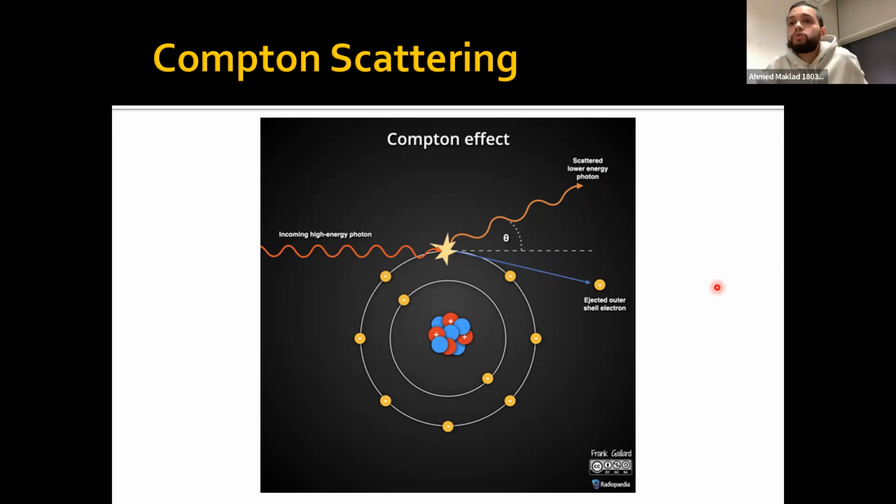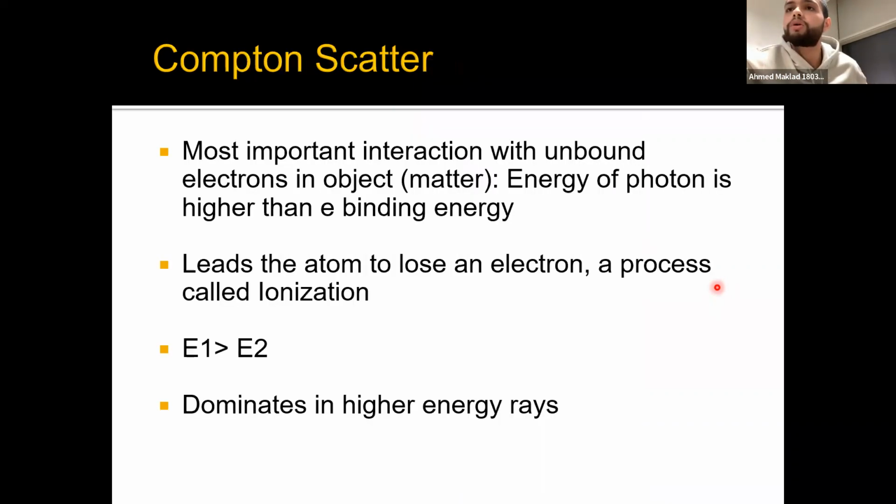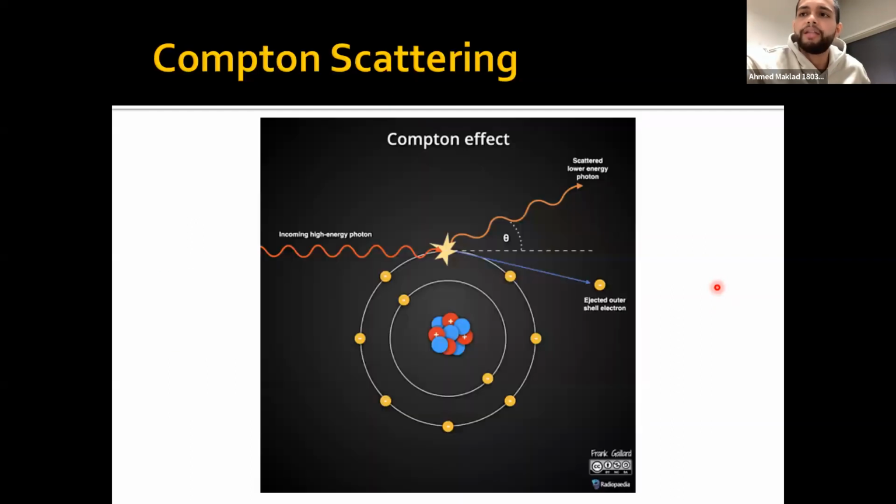What are E1 and E2? Where's E1 and E2? Can't see E1 and E2. Oh, okay. It's labeling the photon as E1, and it's labeling the outer shell electron as E2. So it's telling you that E1, which is the photon, has a higher energy than the electron.